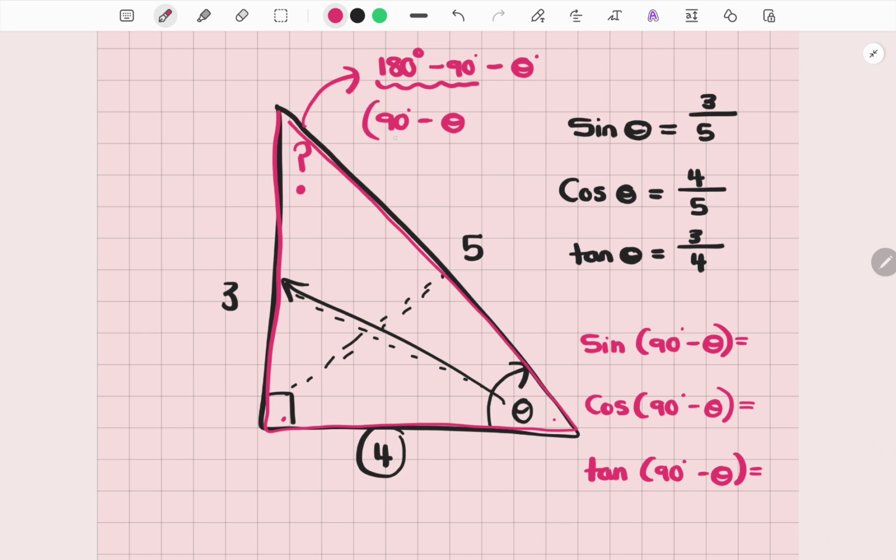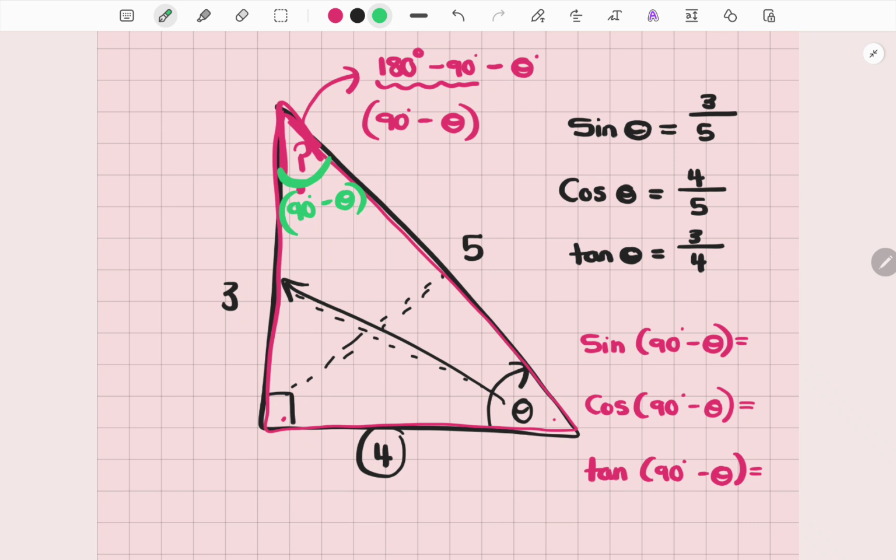So this angle that is always not given is that funny size that you're going to see: sine 90 minus theta, cos 90 minus theta, tan 90 minus theta. And what that means is you are just going to work from this angle here that represents 90 minus theta.